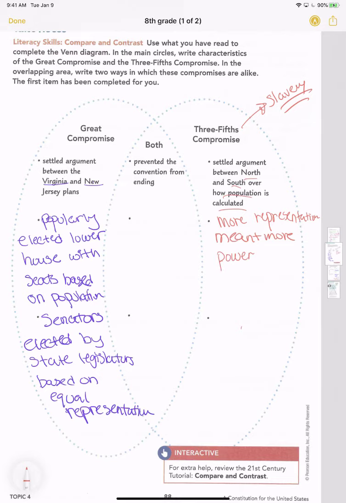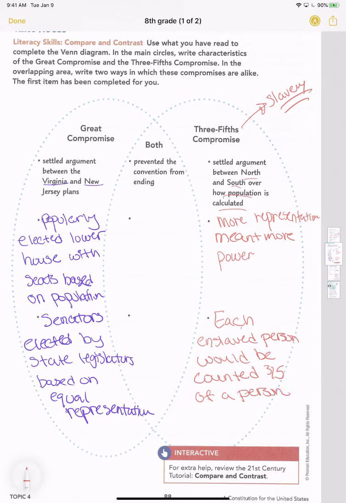All right. And each enslaved person will be counted as 3/5 of a person. So they weren't even counted as a whole person, only part of a person, because they were a slave and they were African American.